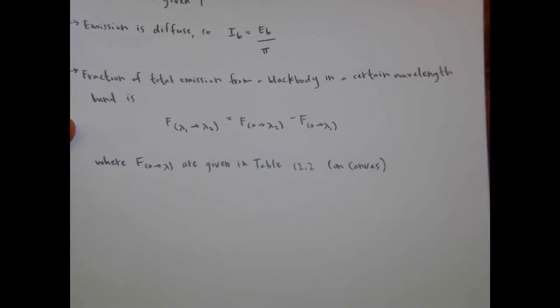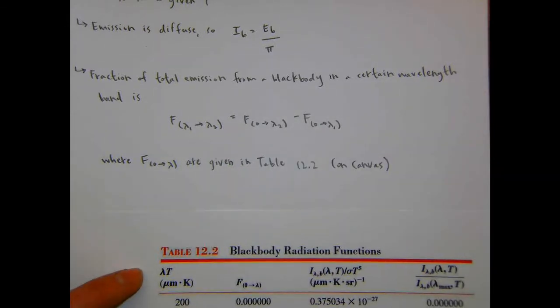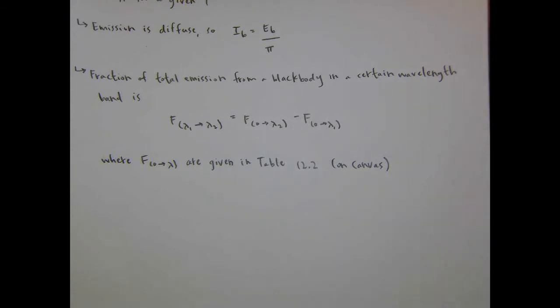And the table is just presenting it as for a given value of lambda times T, because that's a convenient way to present it, even though lambda times T doesn't specifically appear in the equation. But basically because it's listed for such a large range of lambda times T and you can interpolate between the values, it's just a convenient way of expressing those values in the table.